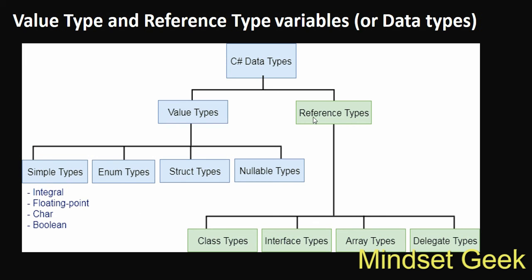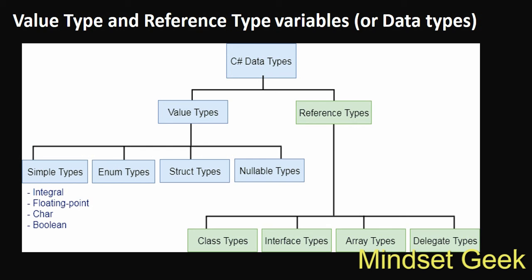Then reference data types include class type, object, interface type, arrays, string, and the delegate type. Those are examples. Remember these things. One data type classification is value type and reference type. Value type variables are stored in stack memory in RAM. Reference type stores values in heap memory.